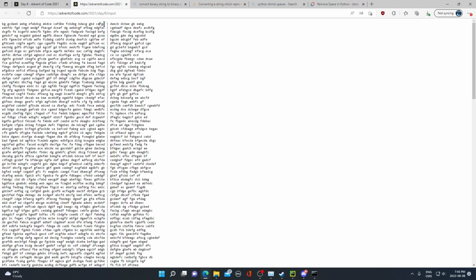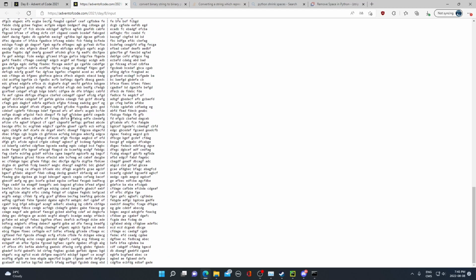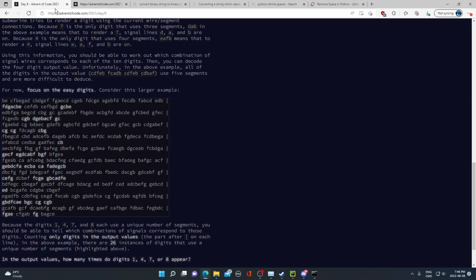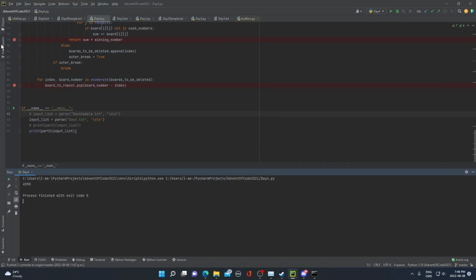Okay, all 10 digits are written in the input. But the output could be anything. It could be a letter, it could be something that doesn't make sense, it could be a digit. And the question makes it easier by only letting us solve 1, 4, 7, and 8, which have unique lengths. Okay, so let's just get started then.